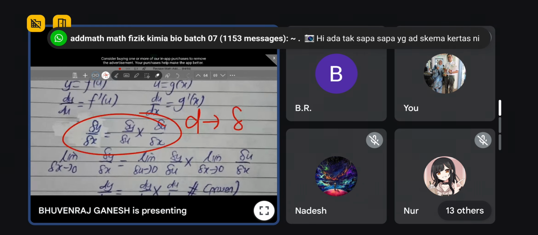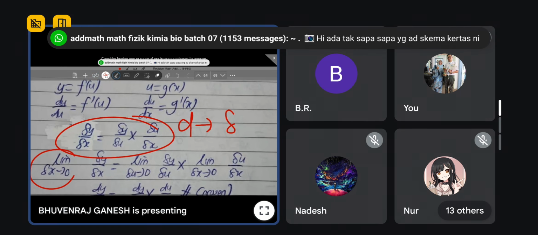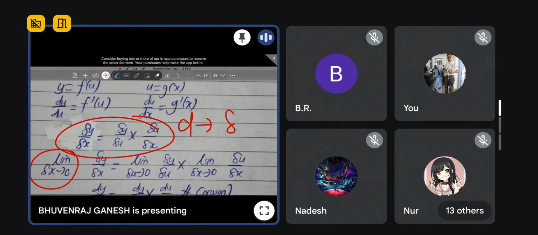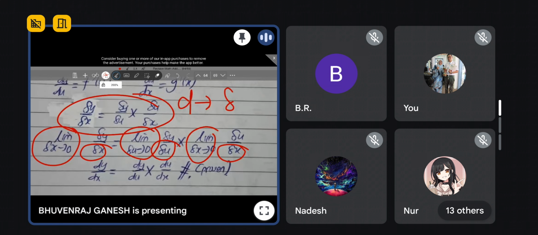Okay, and then you add limit delta x go to 0 kepada semua ungkapan. Okay, follow the denominator. Denominator delta x, limit delta x. Denominator delta u, limit delta u. Okay, then you directly copy the one they ask you to prove.